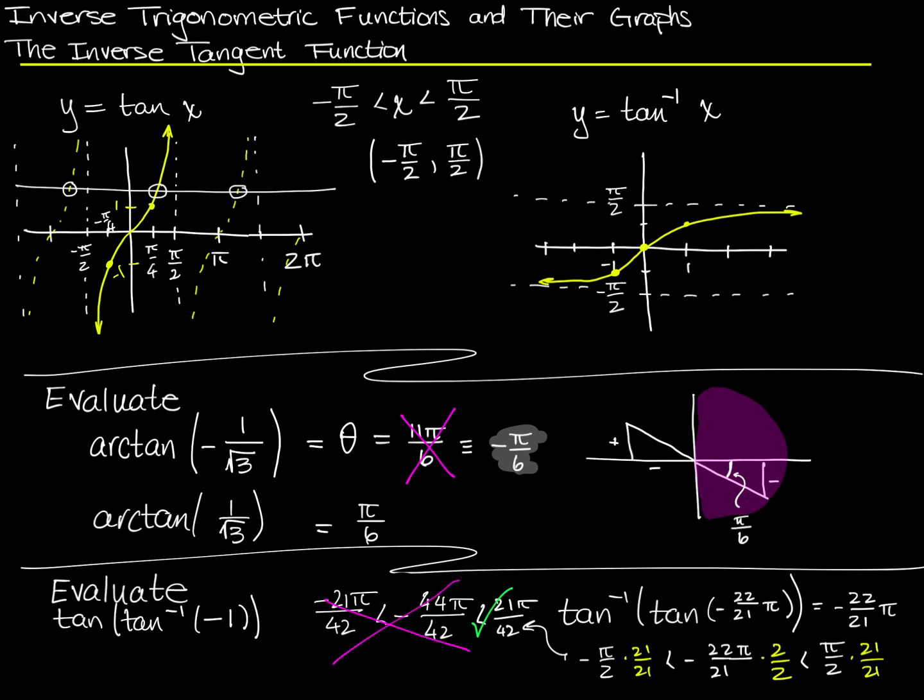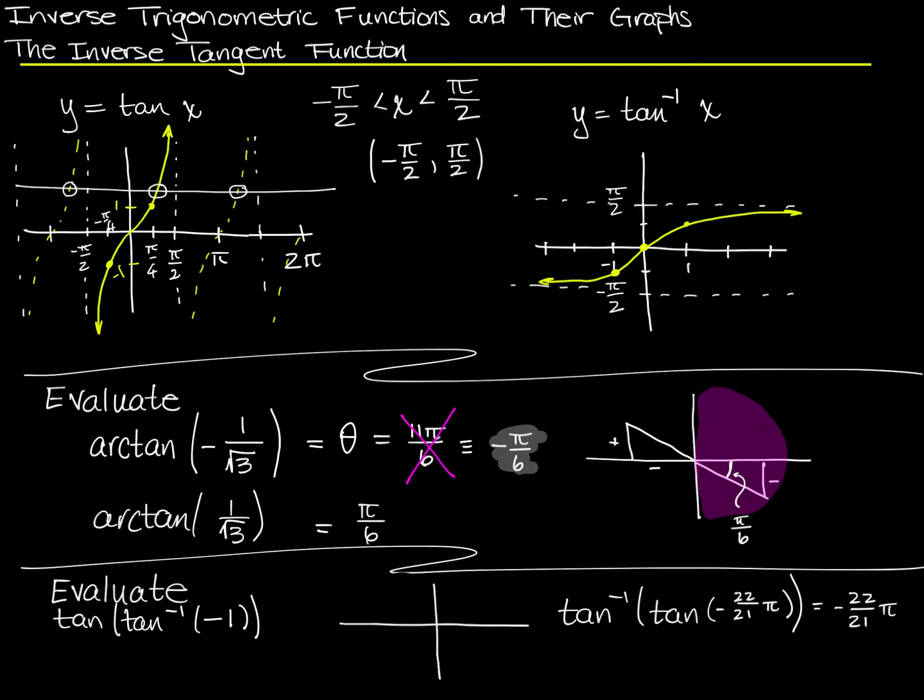Therefore, the thing I wanted to be true is not true. And therefore, the angle I was looking for, negative 22 pi over 21, is not between negative pi over 2 and pi over 2. So I can't just say this. This is not the correct answer.